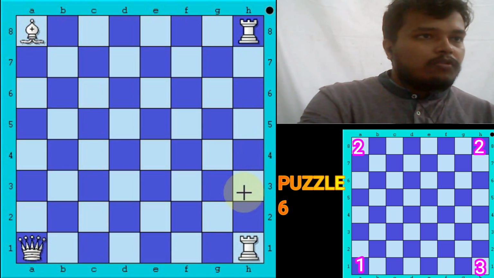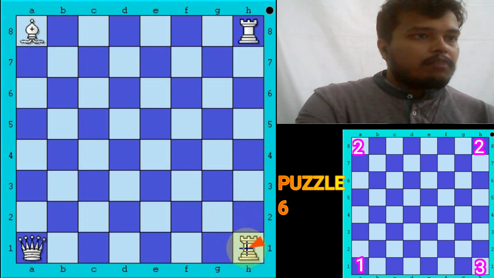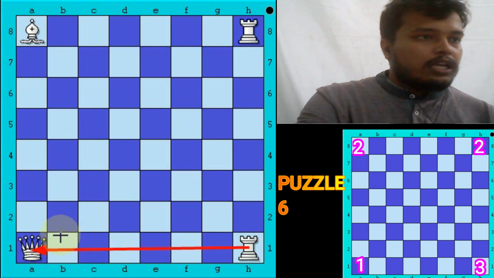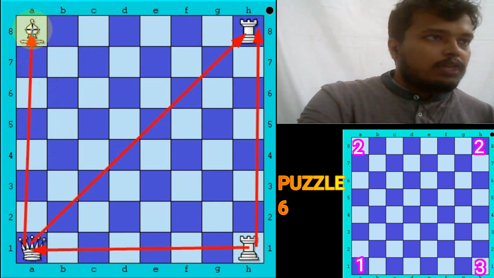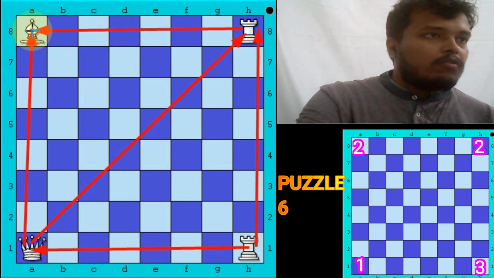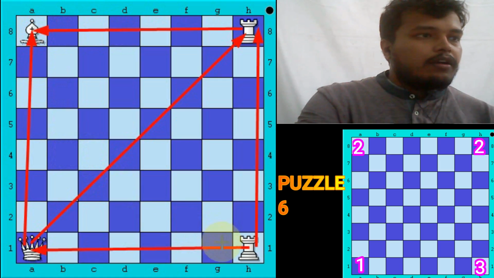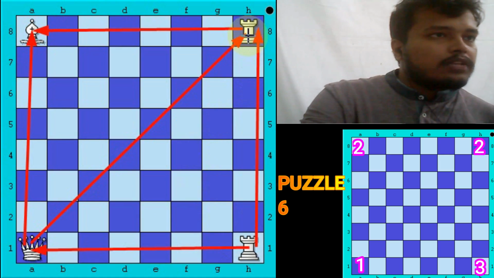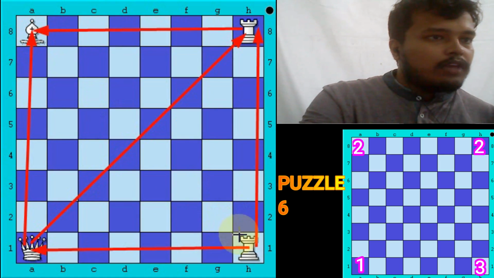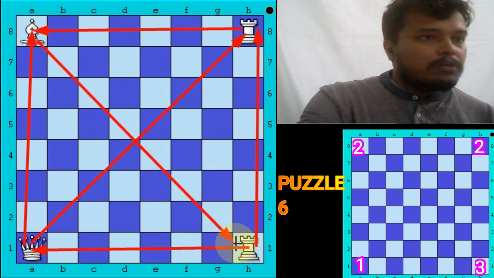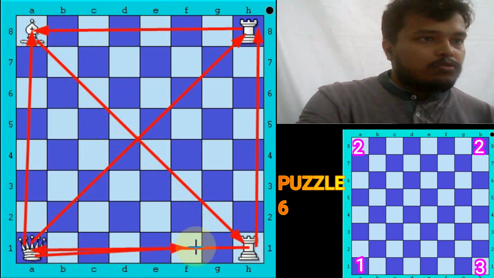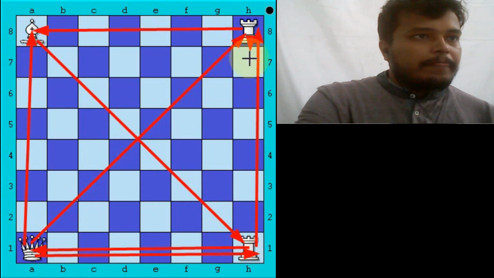So now if you find out where all the pieces are moving, the a1 square is attacked only once, the h8 square is attacked twice, and the a8 square is also attacked twice, by the h8 rook and the a1 queen. The h1 square is attacked thrice because of the bishop also. So this is the solution.